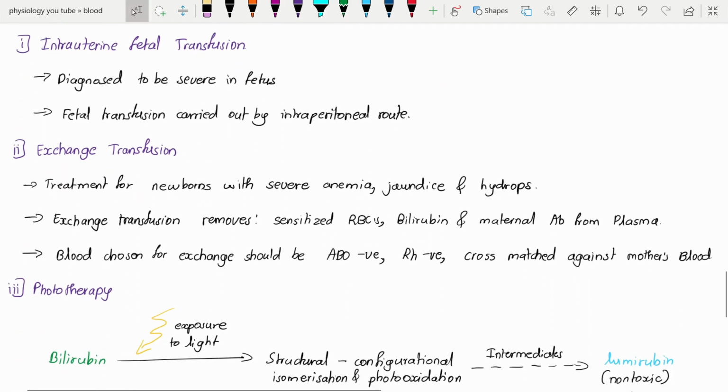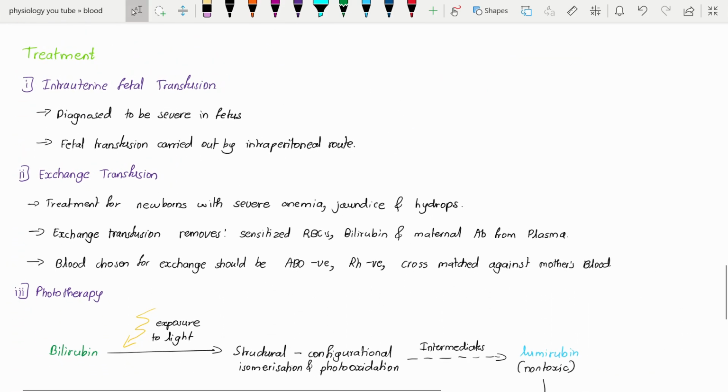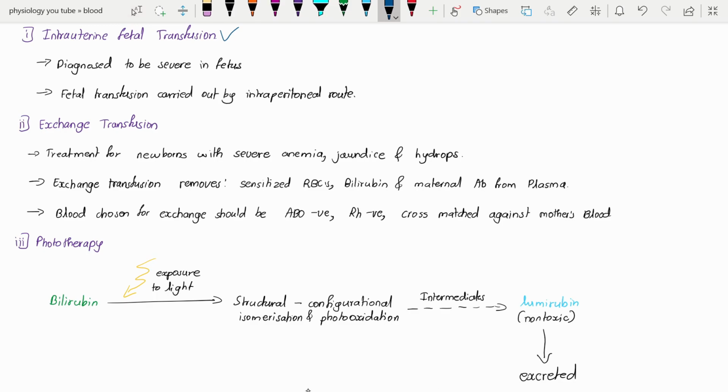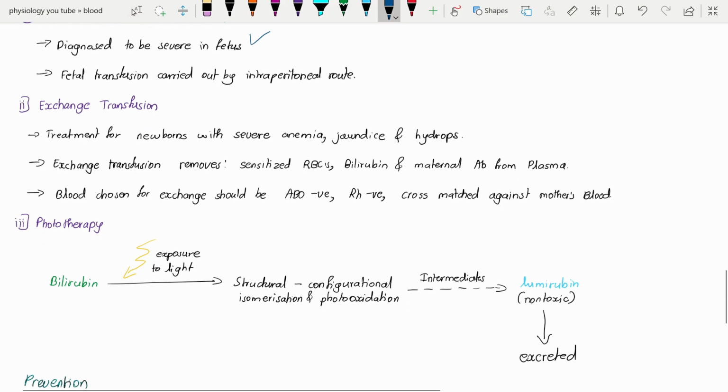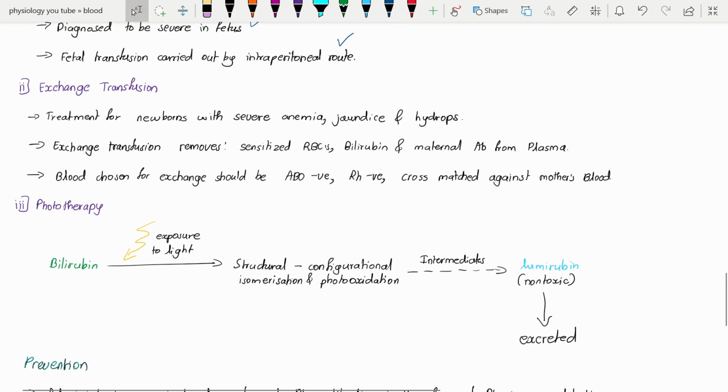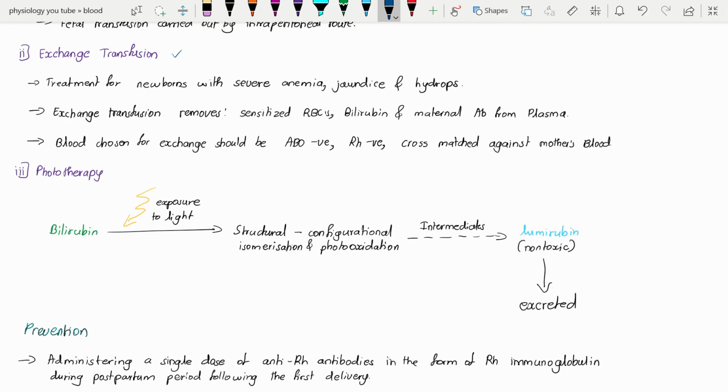What is the treatment for this erythroblastosis fetalis? You can transfuse the blood intrauterine when you diagnose it to be severe in the fetus, and this is carried out by the intraperitoneal route. And exchange transfusion: you exchange the blood of the newborn with another blood, and this is the treatment for the newborn with severe anemia, jaundice and hydrops fetalis.